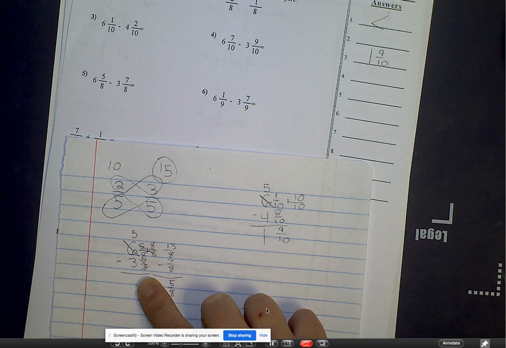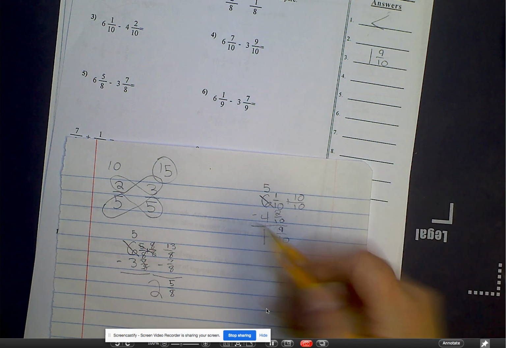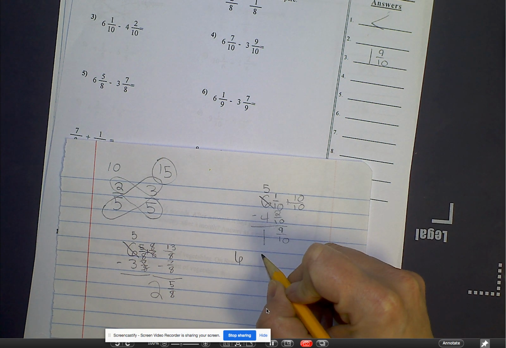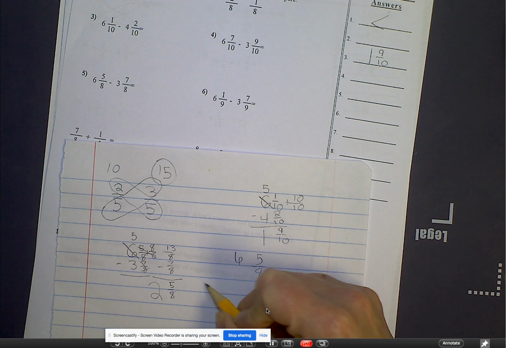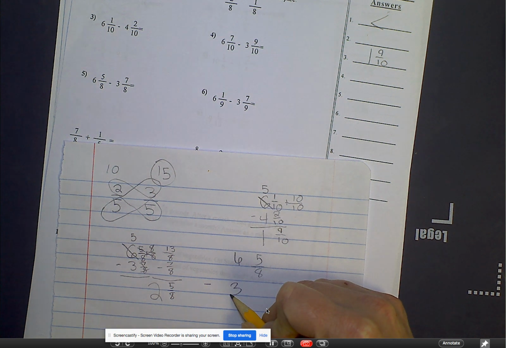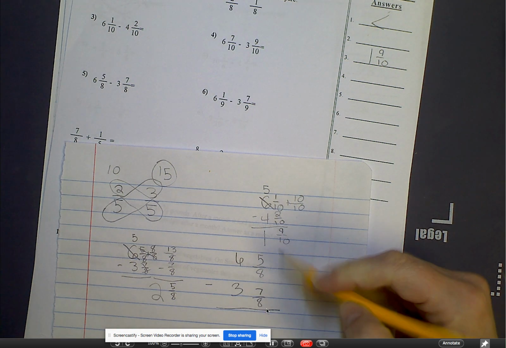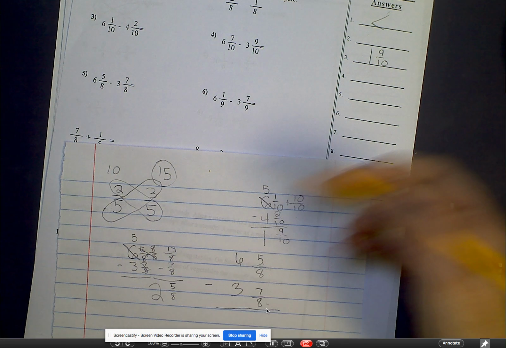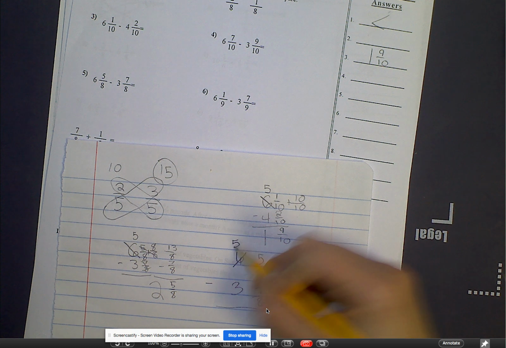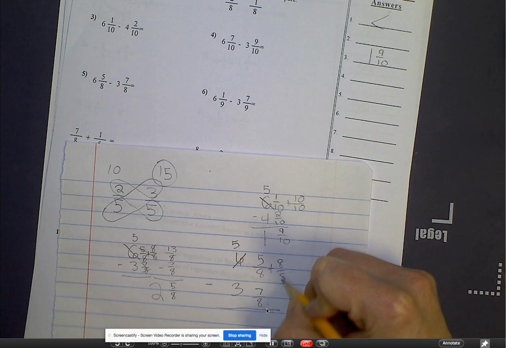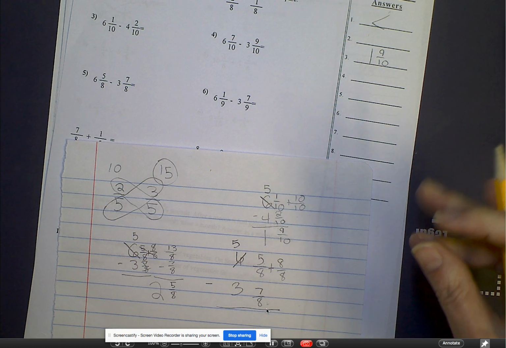Let's look at here, okay? Let's just do it one more time and just see. We have 6 and 5/8 minus 3 and 7/8. Let's make sure we wrote it right. The denominators are the same, so you did that. So you change this to a 5, and then you're going to add 8 over 8 here. So 8, 9, 10, 11, 12, 13.